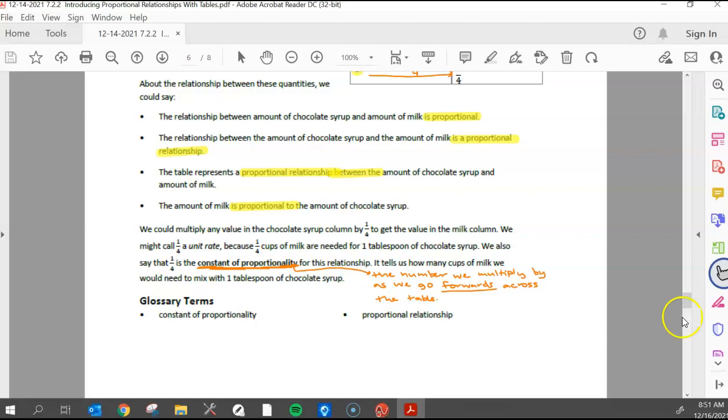In our previous notes, we saw that the constant of proportionality is the number we multiply by as we go forwards across the table.